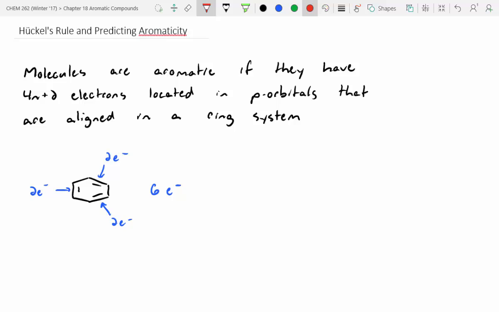So if we look at this in a mathematical sense, 4n plus 2 can be 6 when n equals 1, but n in this case needs to be an integer. You can't have n be 0.5. It needs to be a whole number, not a fraction. Does that make sense?